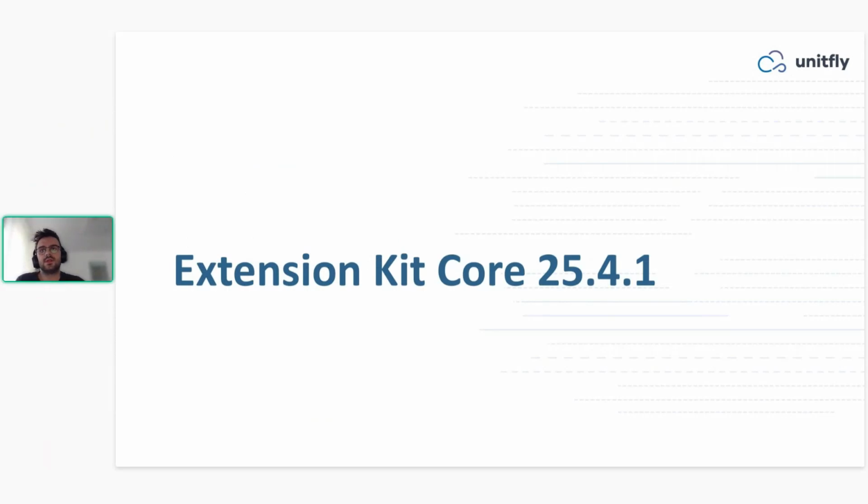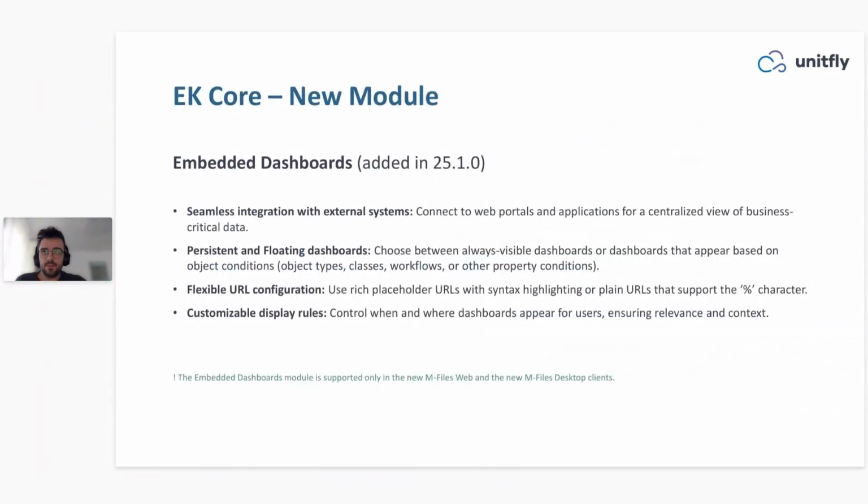So firstly, let's go through Extension Kit Core 24.1 changes. We have a new module inside of Extension Kit Core, which is called Embedded Dashboards. Embedded Dashboards is a new module that allows you to put your own dashboards and your own external systems inside of the metadata card.